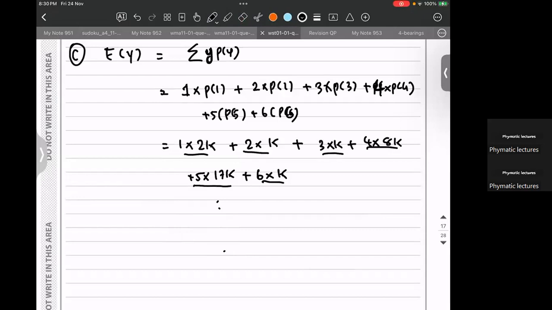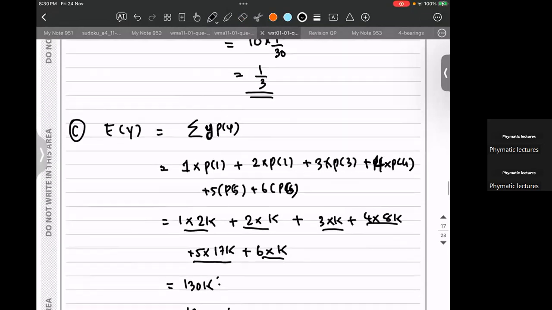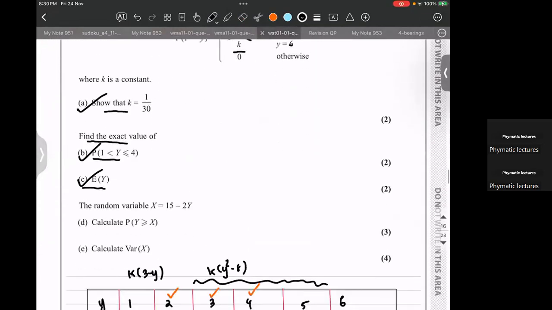I think this is not 132, I think it is 130k. So 130 times the k value, 1 over 30, you will get 13 over 3. So 13 over 3 is 4.33. So the answer for this expectation or the mean is 4.33. So we obtained the answers for A, B, C: 4.33 for C, and 1 over 3 for B, and A is already shown.